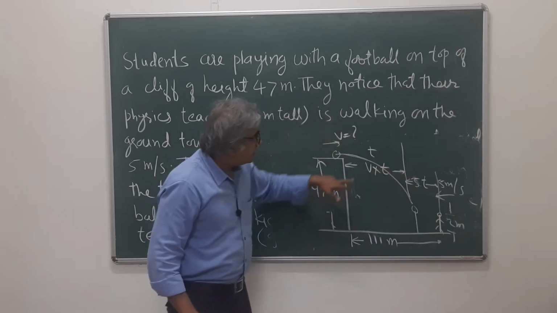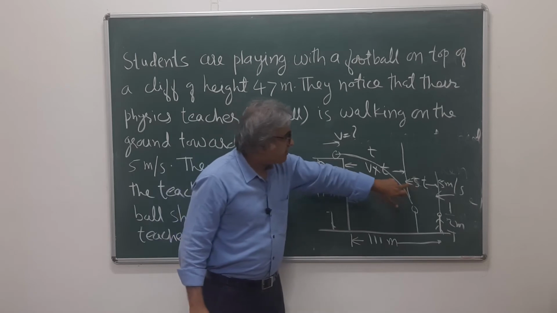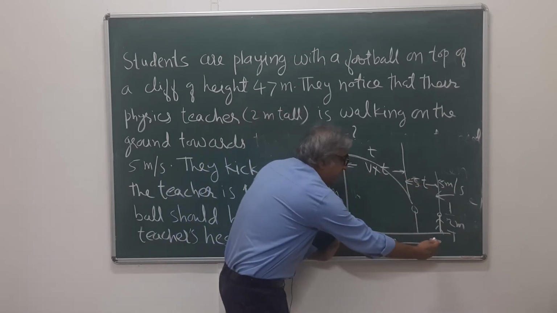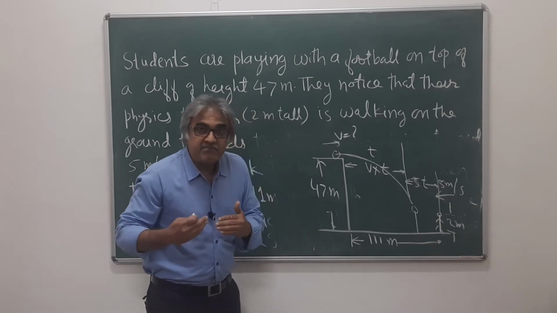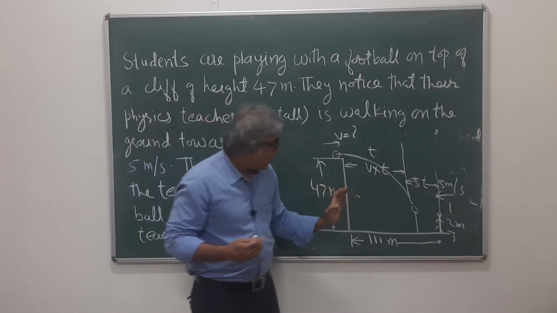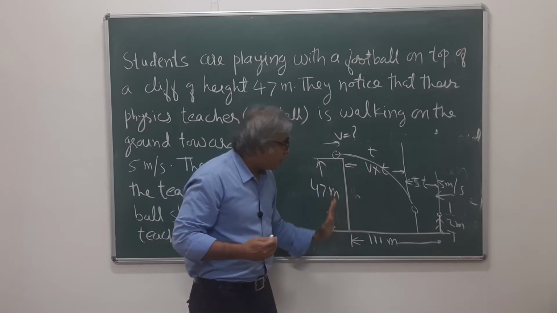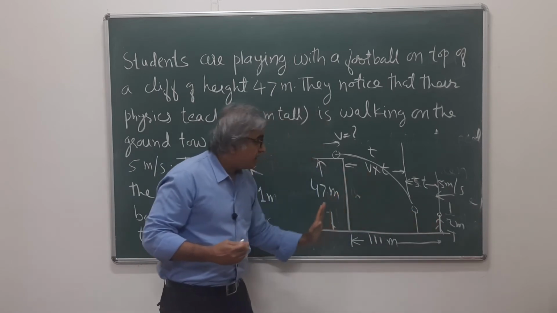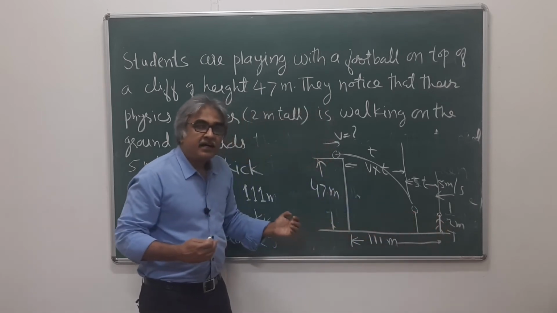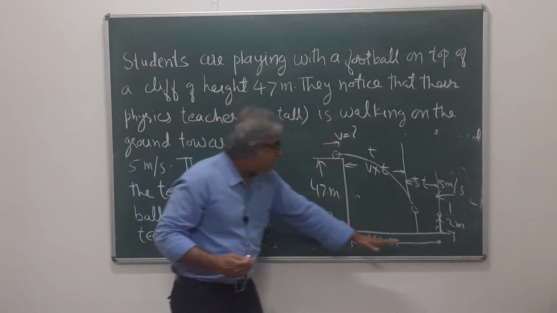So you can see vt plus 5t is 111, because 111 meters is the distance from the cliff where the teacher is standing, and then he starts moving. So this is 111.